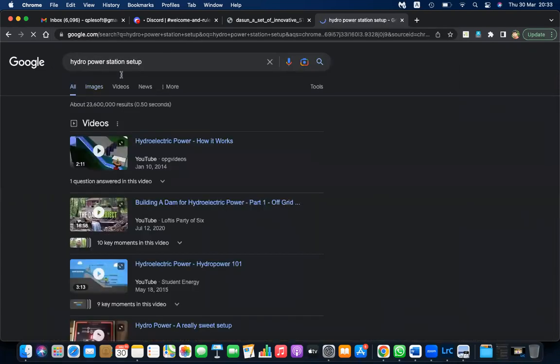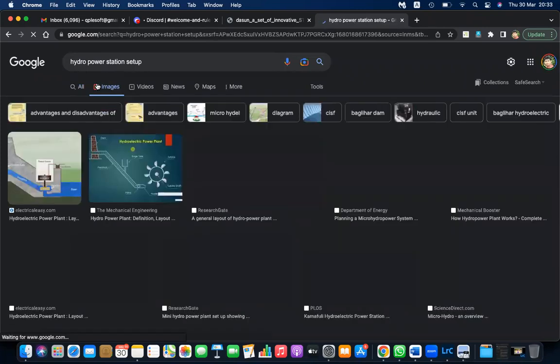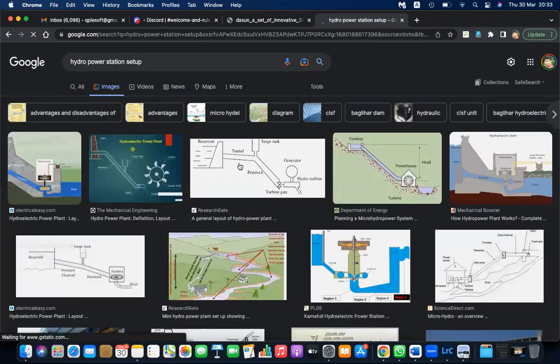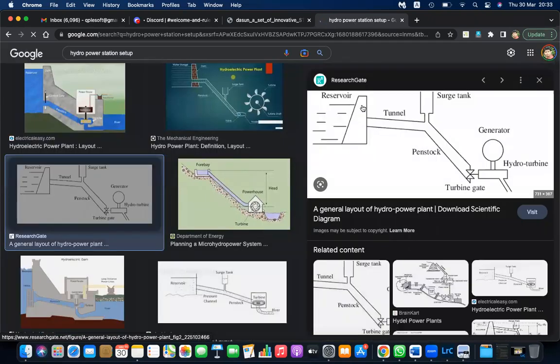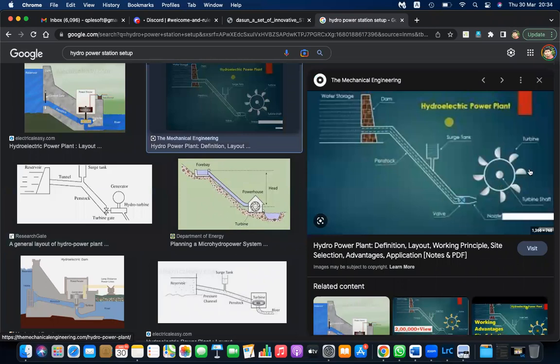Generally, you can see this kind of setup: the reservoir or tank, then the tunnel, then the surge tank. Then to generate, you are sending water from a height, and there is a turbine gate and a hydro turbine. You can call that a generator, but basically it is the hydro turbine that you are rotating here. That is the main thing. That is a kind of generator too, yes, I agree.